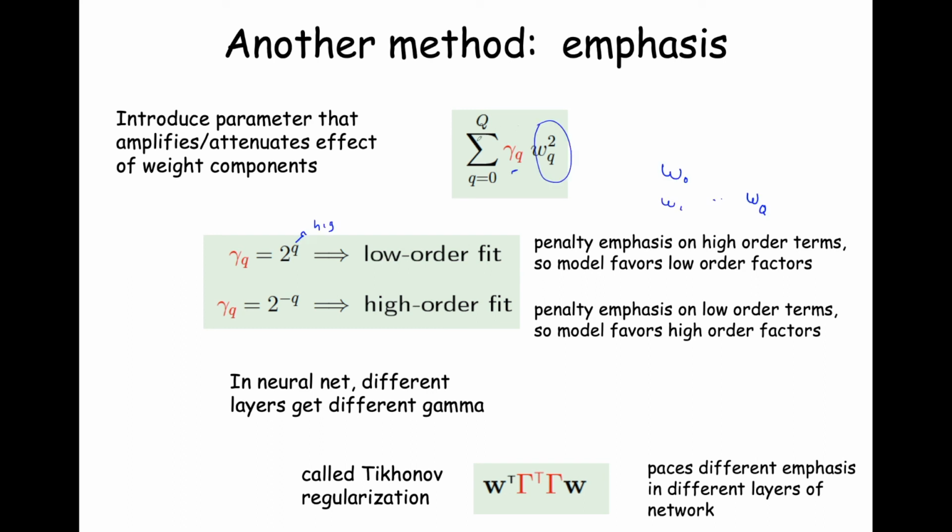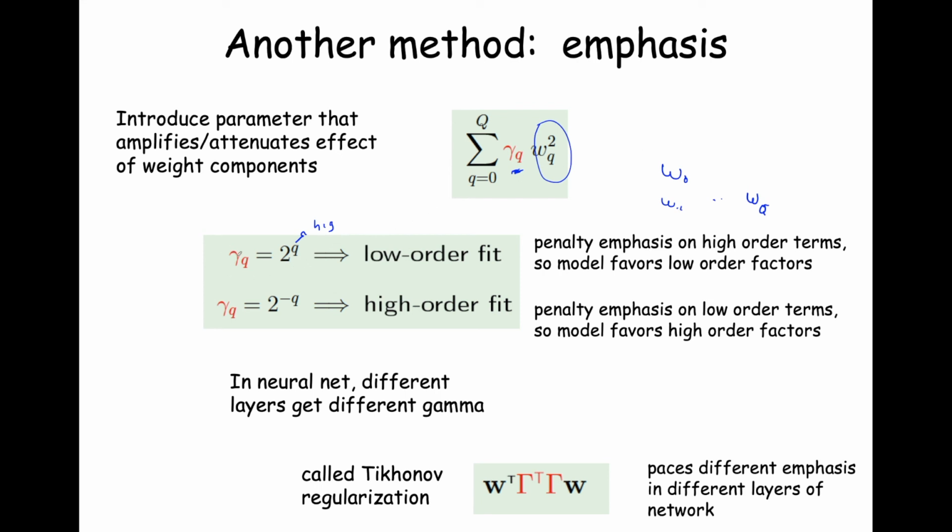Here we have our definition of our polynomial, and we're going to modulate each weight with this other modulating term. And so we can have weights W_0, W_1 up through W_Q, corresponding to each of the orders of terms in the polynomial.